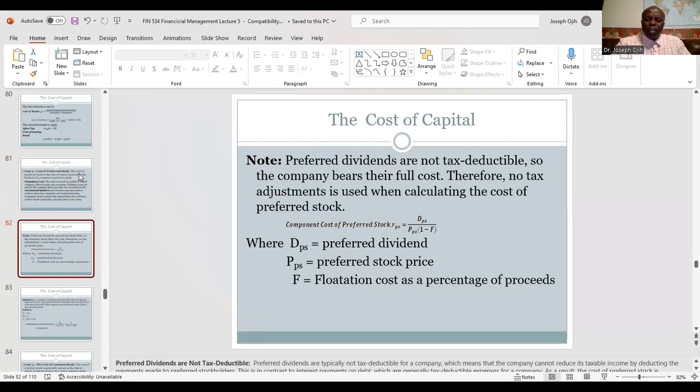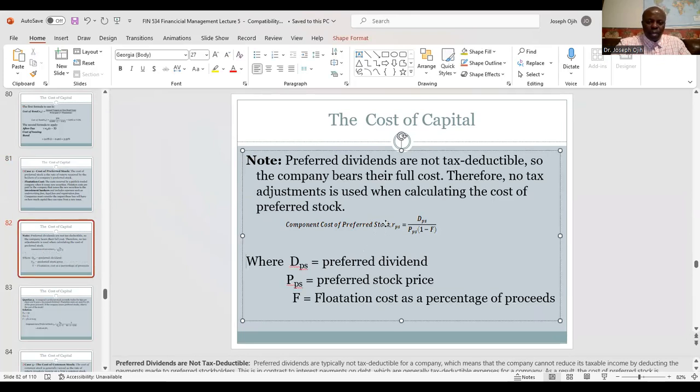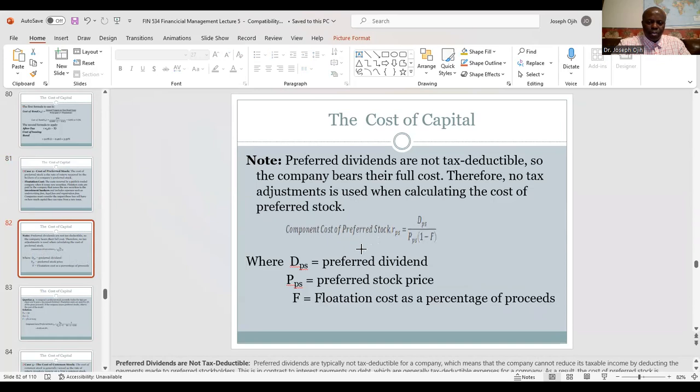When we calculate the cost of preferred stock, we use a formula that I'm going to show you now. I'm going to make it a little bit bigger so you can see it better. The component cost of preferred stock, RPS, the acronym RPS is used to represent the cost of preferred stock.